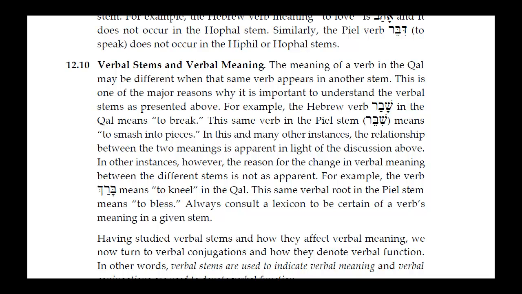In other instances, however, the reason for the change in the verbal meaning between the different stems may not be apparent. For example, the verb barak means to kneel in the Qal. The same verb root in the Piel stem means to bless. So what we need to do is consult the lexicon to be certain what the verb's meaning is in that particular stem.